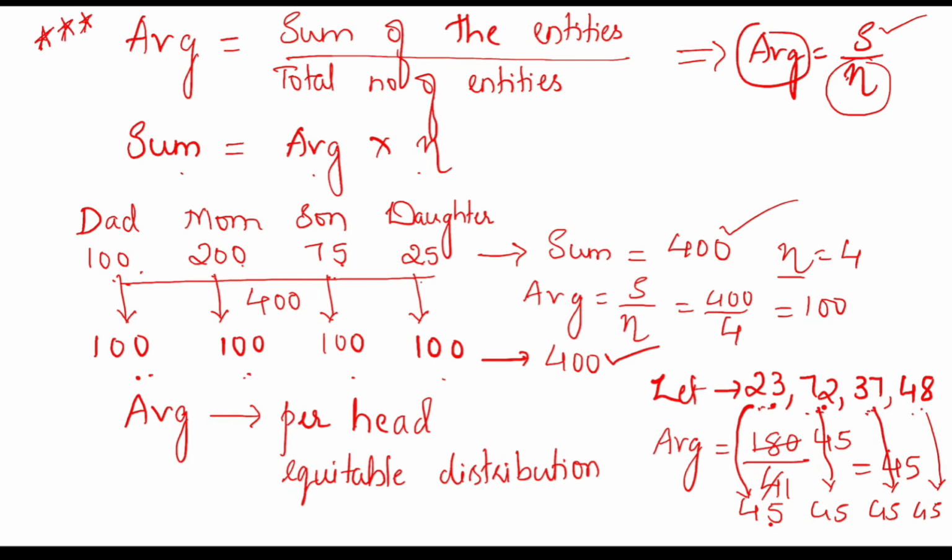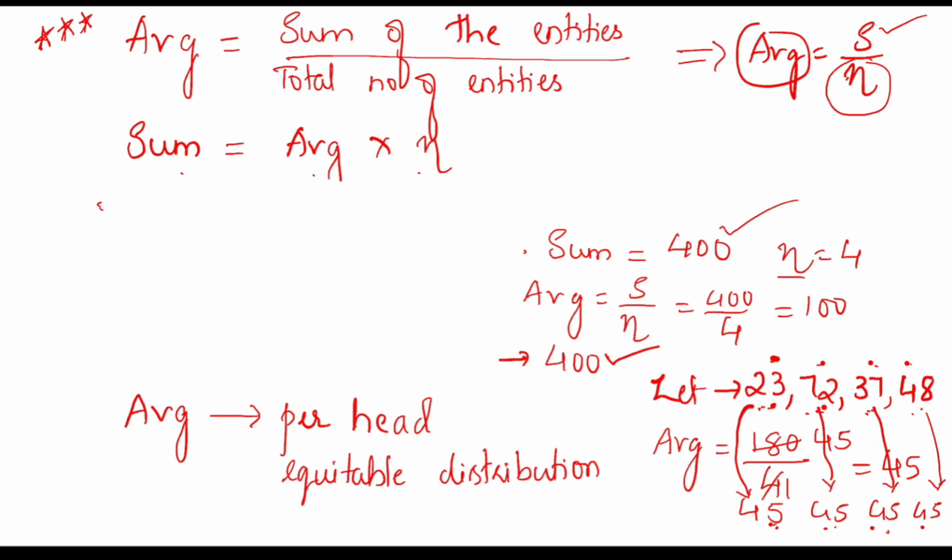So this means equal distribution per head. Average is nothing but equal distribution per head.